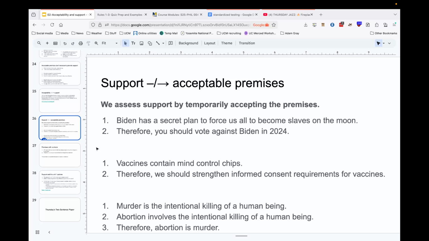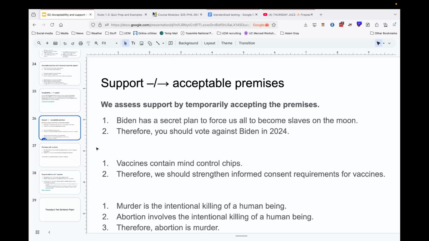You might also have people who reject or question the first premise. For example, if a lawyer specializing in murder and manslaughter cases is involved in the conversation, they might say premise 1 is a little too simplistic. We need a better definition of murder. That is a possibility as well.